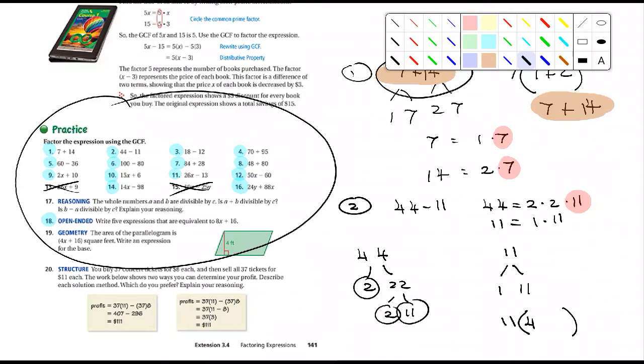And then notice, go back to the original problem, it was minus. So I'm going to put a little minus sign. And so the next one is 11 minus 11. What number would equal 11? 1. So that's the answer to number 2, 11, and then in parentheses 4 minus 1.